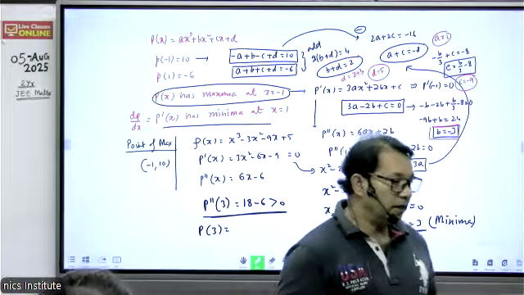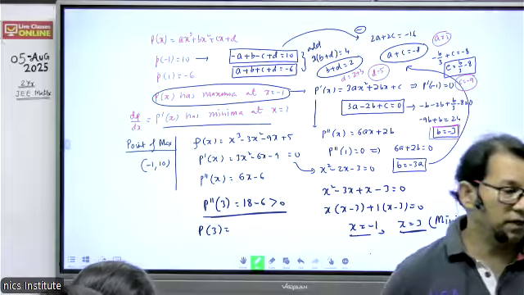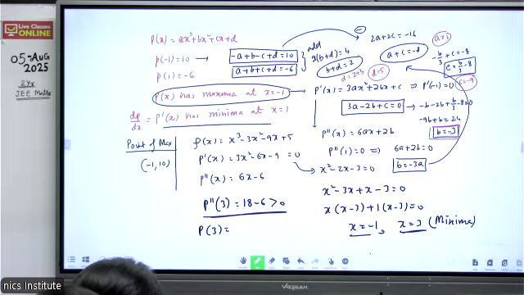Function को differentiate किया, equate with 0, we get 2 points, -1 and 3. -1 is already point of maxima. 3 is point of minima. हमने verify कर लिया second derivative में डाल के. 4 unknown है, it'll take time. Because x square minus 2x minus 3 equal to 0.